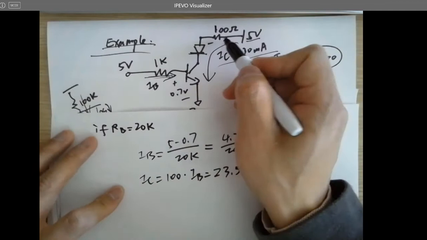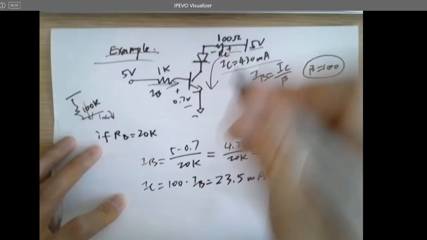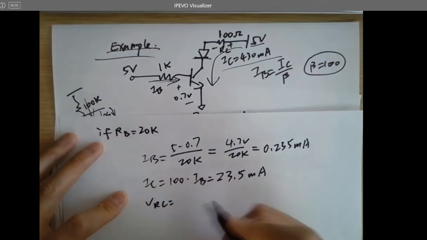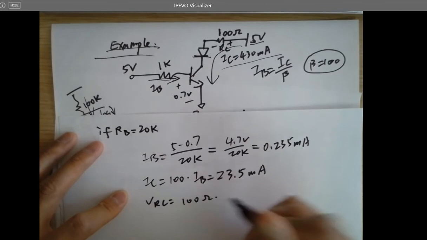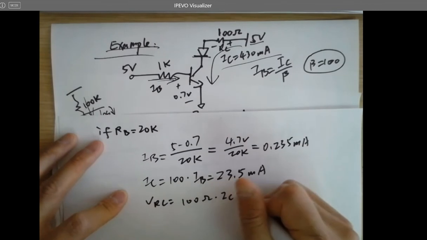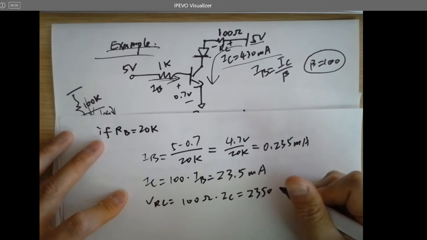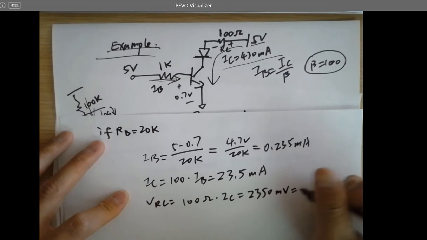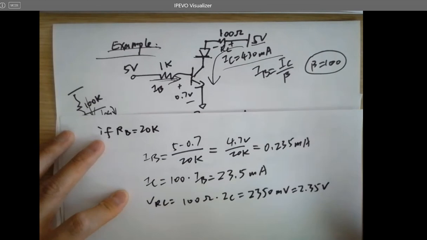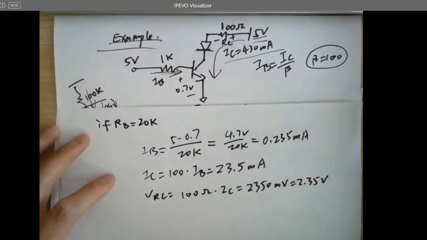So the voltage drop across this resistor, let's call it RC, VRC equals 100 ohms times IC, which is 2350 millivolts, which is 2.35 volts, which is lower than 5 volts.